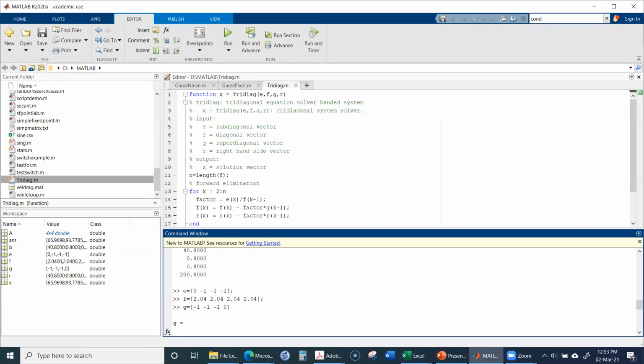Next is the turn for Cholesky's method. In fact, and then there is this LU decomposition as well.